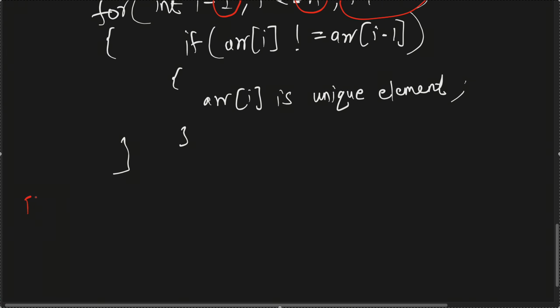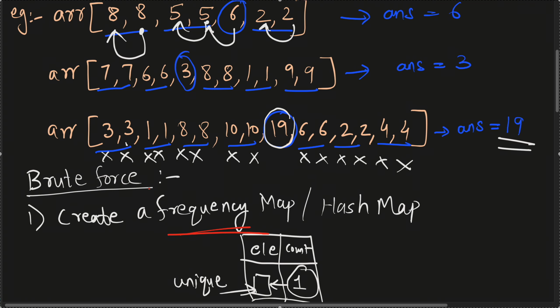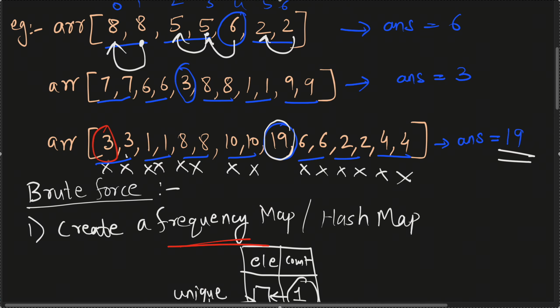Now what is the edge case for this approach? What if the first element is the unique element, because there is no I minus 1? What if the last element is unique? There is no next element.